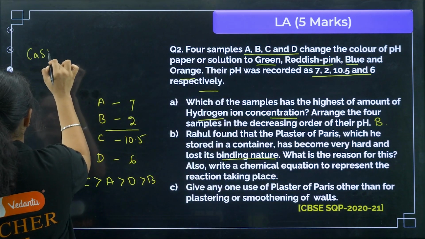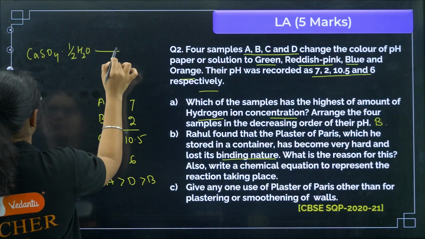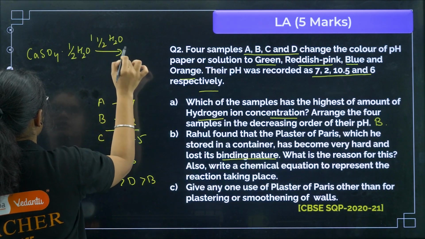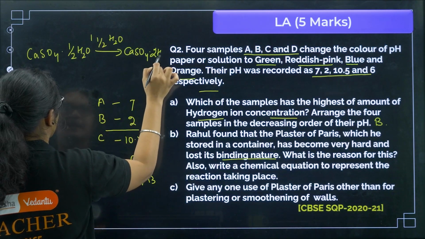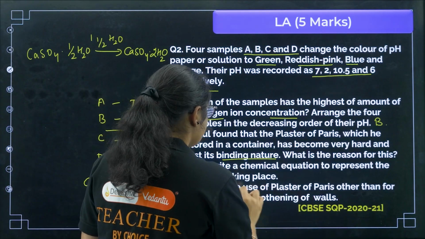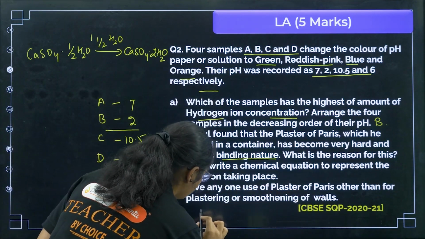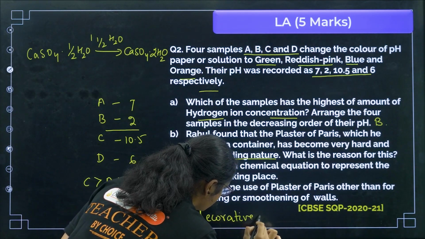So the chemical reaction is like this: CaSO4 dot half H2O plus 1 and half H2O to give you calcium sulfate dot 2H2O. Next, give any one use of plaster of Paris other than plastering or smoothing of walls. So you can write down here for making decorative items.